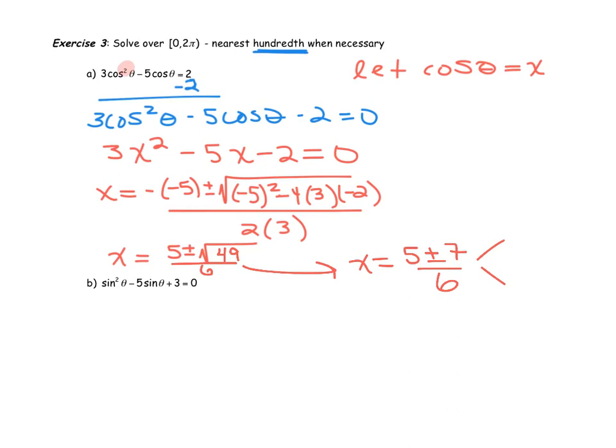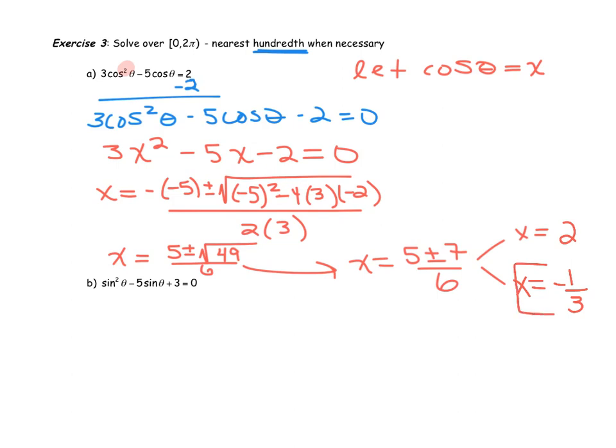We'll split our terms. We'll have x equals 5 plus 7 is 12, so I have 12 over 6, which is 2. And then I also have 5 minus 7, which is negative 2. Negative 2 over 6 is negative 1/3.